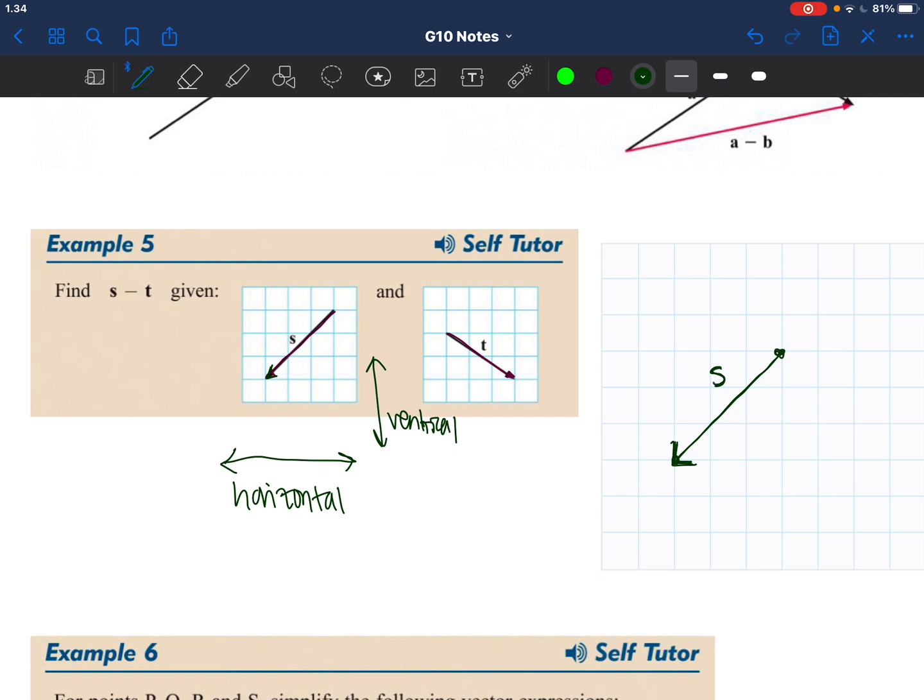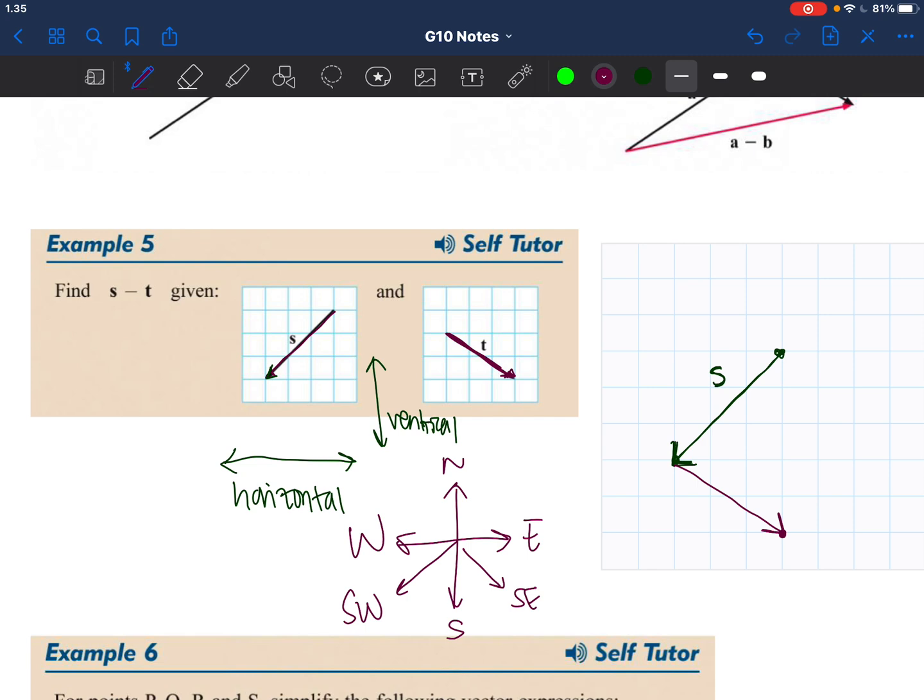Okay. And then T, it is pointing north. Never eat sour watermelon. T is pointing towards southeast here. And S was pointing southwest. So north is pointing this way. 2 units as its vertical component, and then 3 units as its horizontal component.